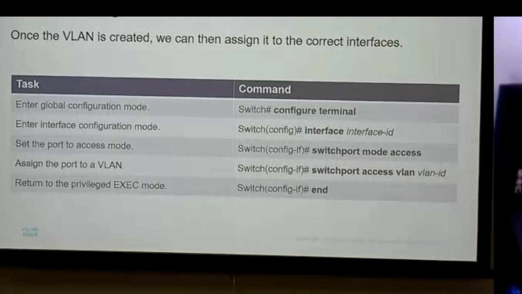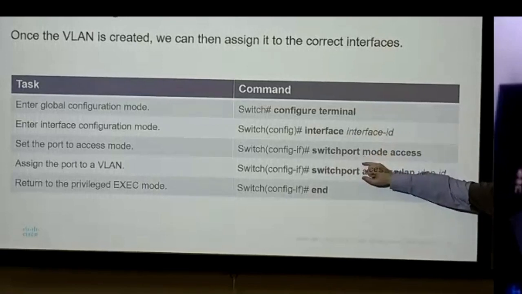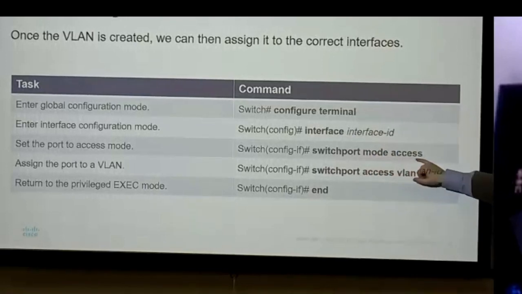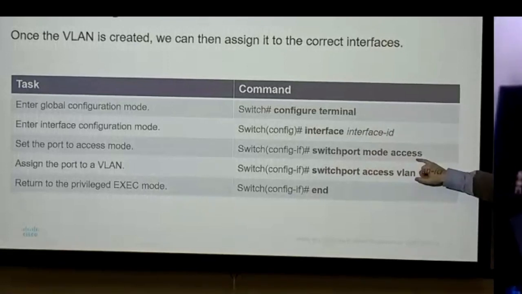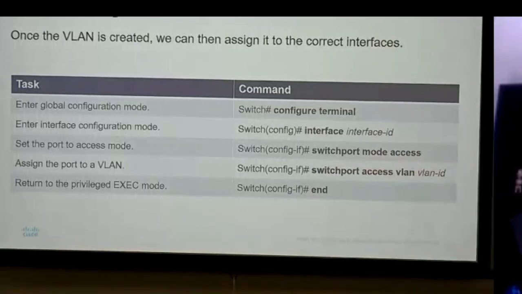But yeah, so if you want an end device to be in a VLAN, you need to assign that port to a VLAN. Before you can assign it a VLAN, you need to put it into access mode. So there are 2 modes, kind of been talking about it already. Trunk mode and access mode. Okay, if it's access mode, the frames will be tagged.